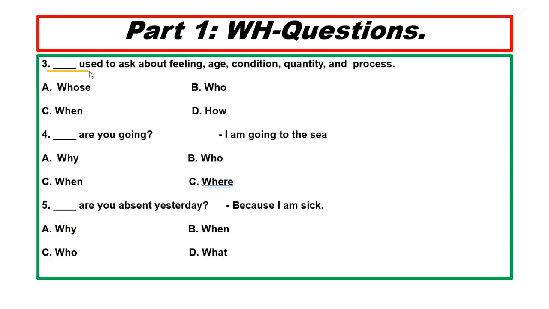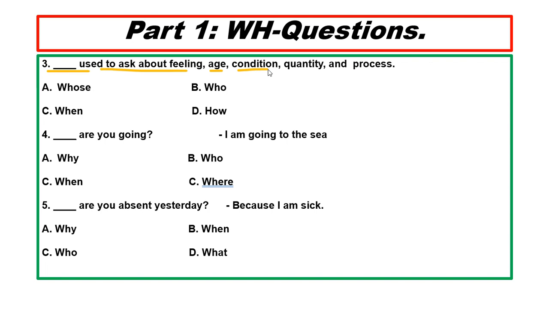Number three, blank used to ask about feeling. Your feeling, or what did you feel today. Next, age, like you are 12 years old, 15 years old, so that is your age. Condition, so your condition, if you're okay, for example, you have a broken elbow, you are sick.